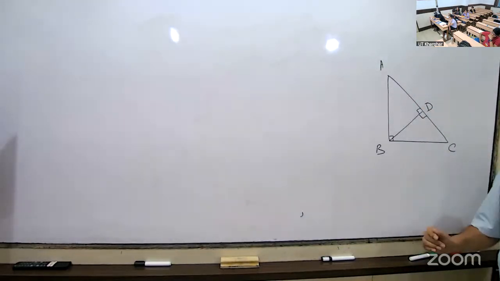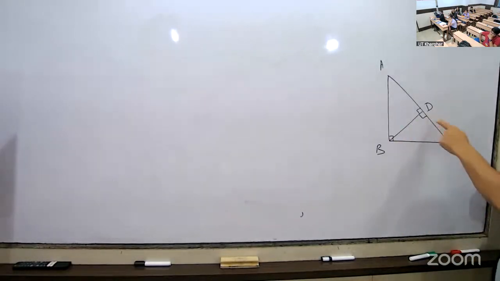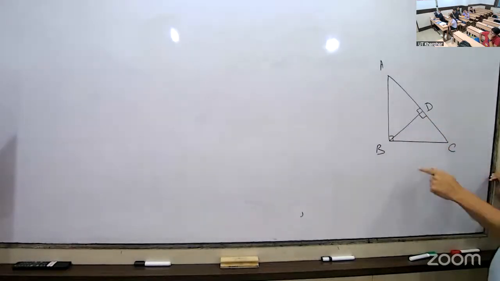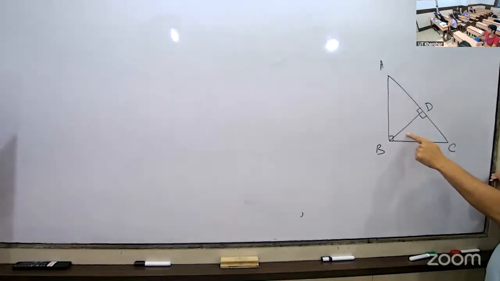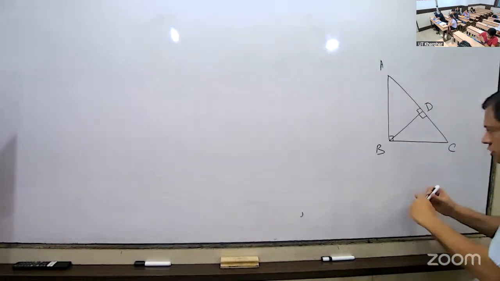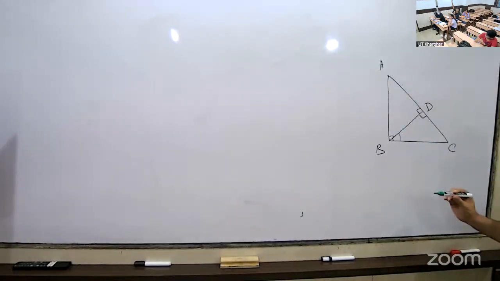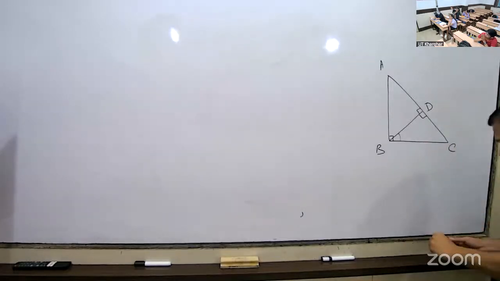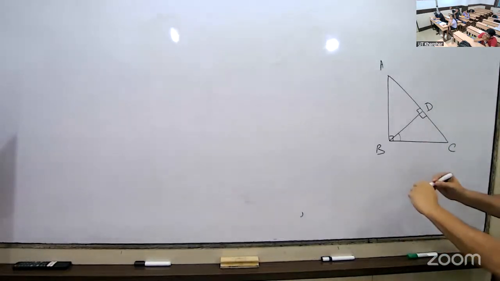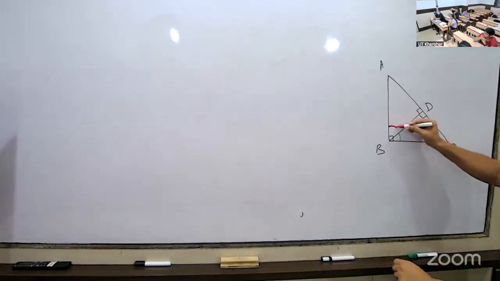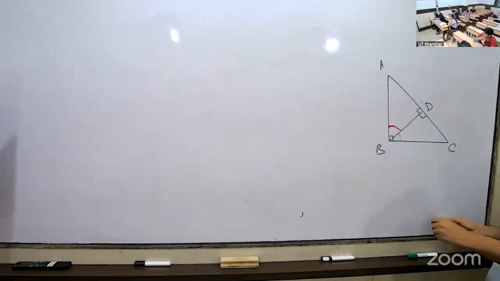Where is angle B common? In triangle BDC, BDC's part is this much only. Is it common between triangle ADB? Is it common between these two? Then how did you get common?